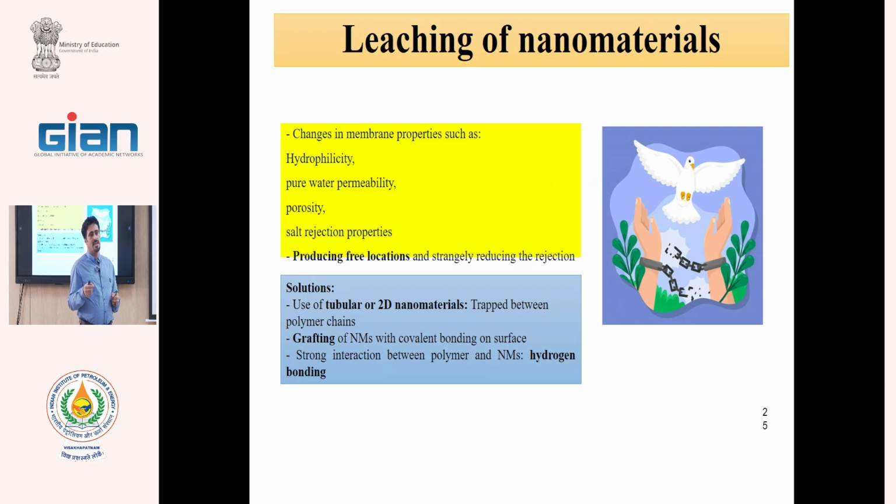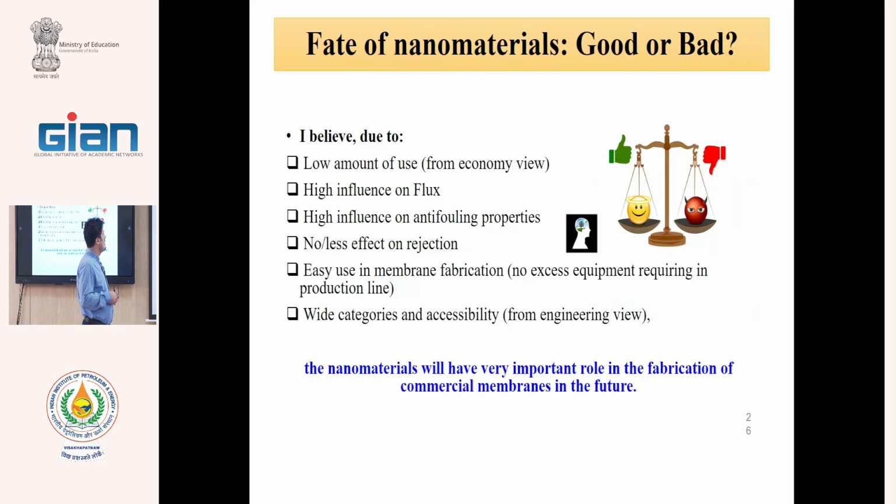When we have very small nanoparticles, the leaching probability increases. But when we use the two-dimensional or nanosheet nanomaterials, they can be trapped between the polymer chains, and the release is very, very low. For metal oxide, release is high. For two-dimensional, it is low.